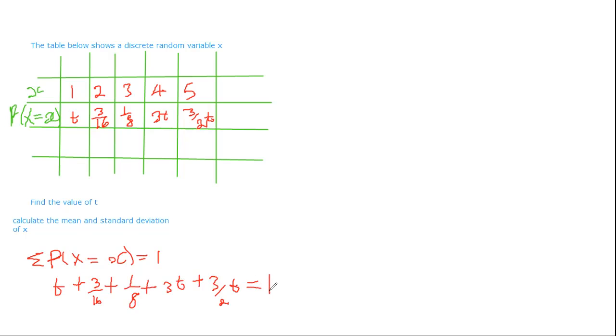So you can add the like terms, 3/16 plus 1/8. What does it give?